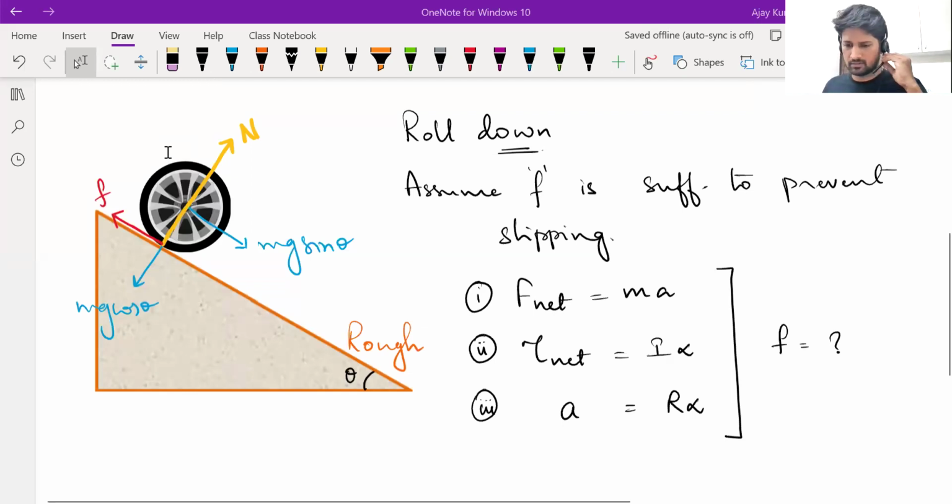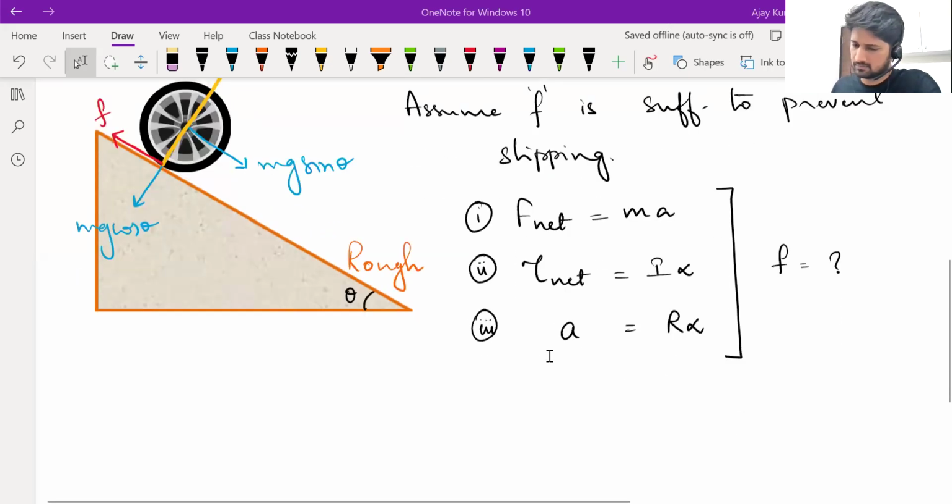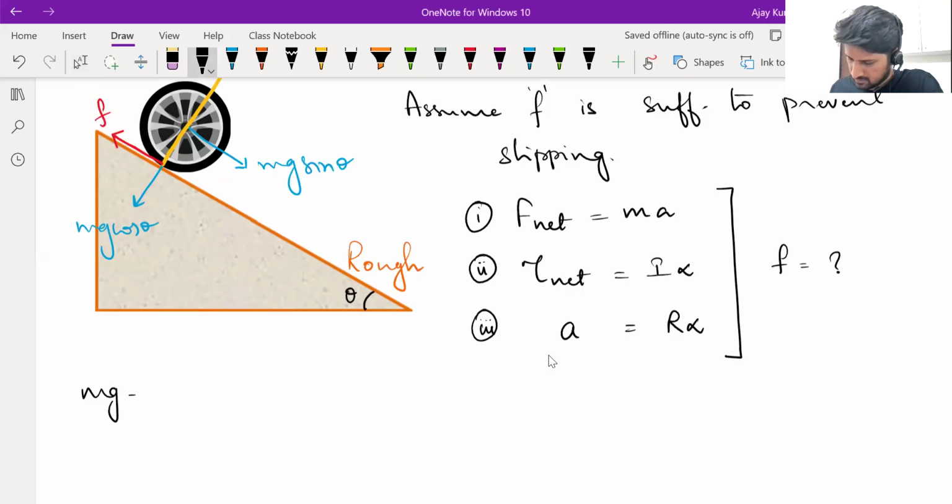Vanilla, tell me, how will you write the net force equation? Sir, mg sin theta minus F equal to ma. Okay. How will you write the net torque equation?